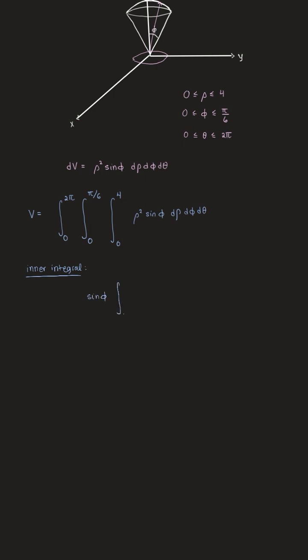Then we've got the integral from 0 to 4 of rho squared d rho, times sine phi. We can use the power rule, so rho cubed over 3 from 0 to 4. And 4 cubed is 64, so here we have 64 thirds sine phi, because when we put in 0, we just get 0.